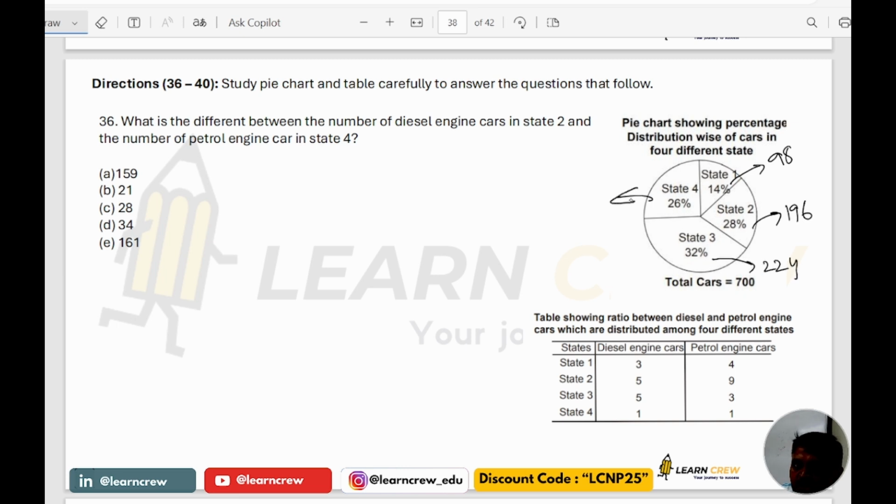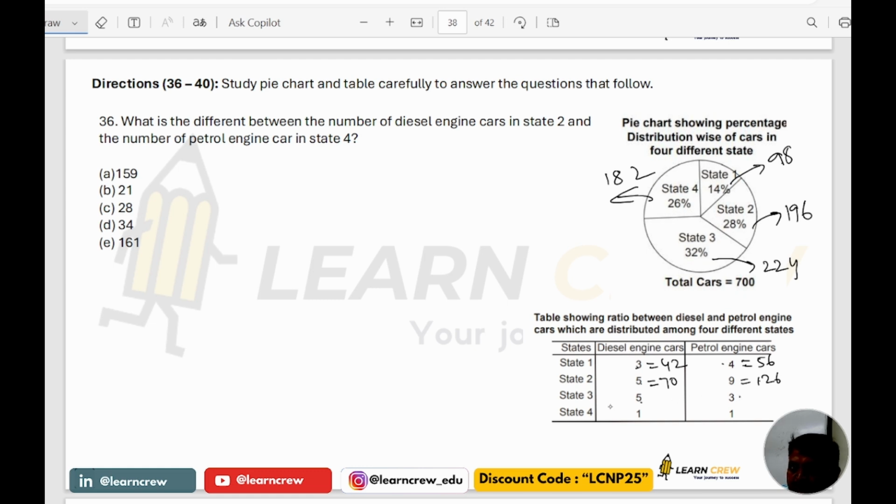26 into 7, 182. Now, diesel and petrol engine cars 3 to 4. 7 parts is 98, 1 part 14. So 3 parts 42, 4 parts 56. Now, 14 parts 196, each part 14, 5 parts 70, 9 parts, 9 14s are 126.